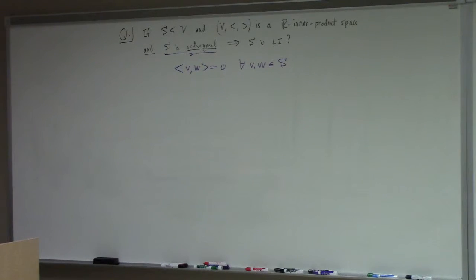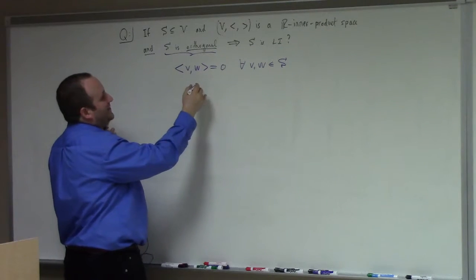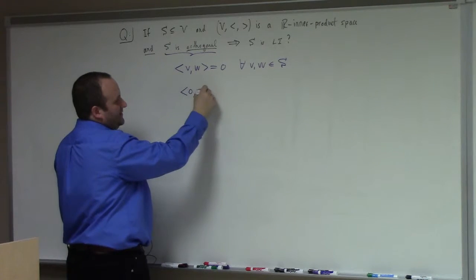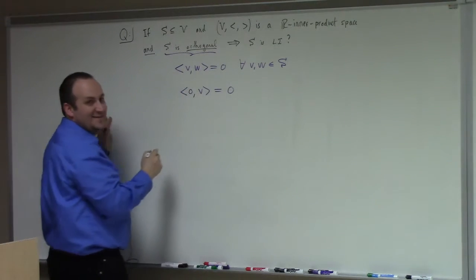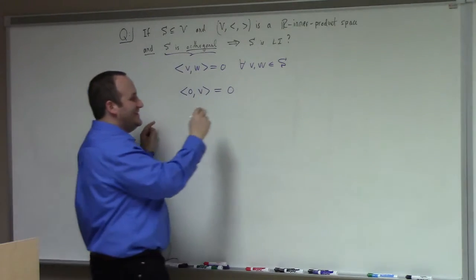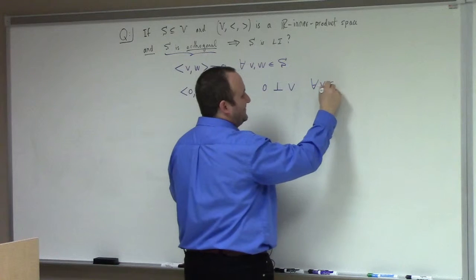Votes for. Votes against. The against have it. In a shocking turn of events, let's see here. Because the pesky thing is, 0 times v is equal to 0. You see? So what this means is that 0 is perpendicular to v for all v.